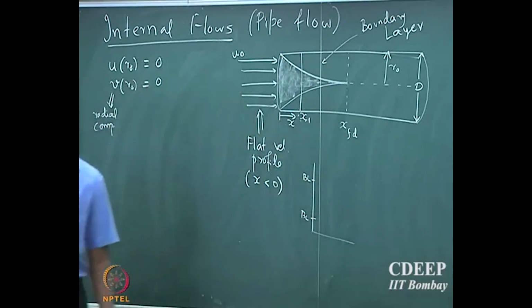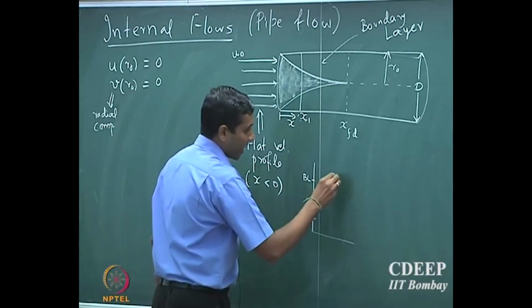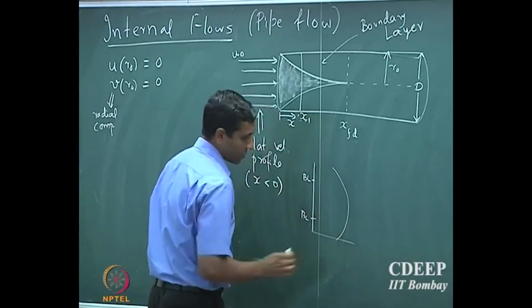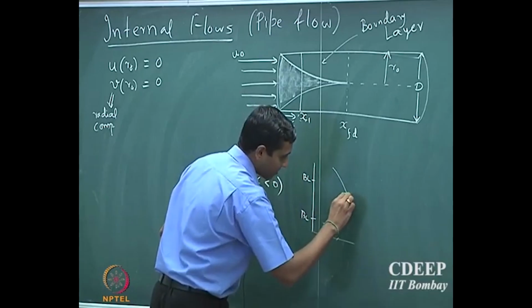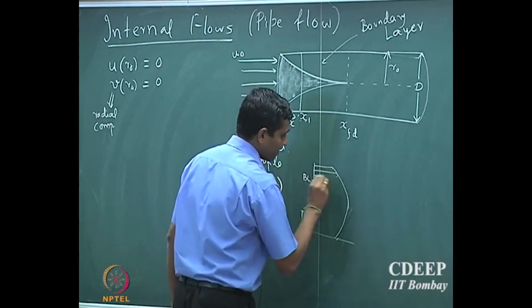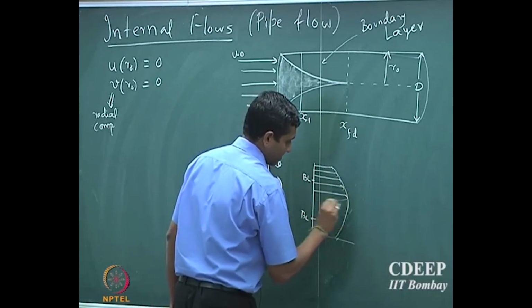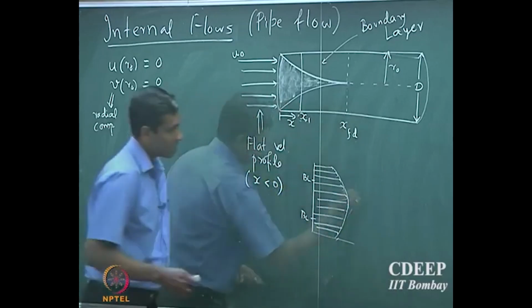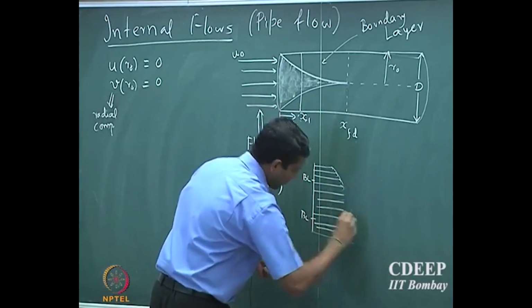The maximum will be somewhere at the center, so you will have a profile which looks like this. It has to be symmetric, so it is a symmetric velocity profile.